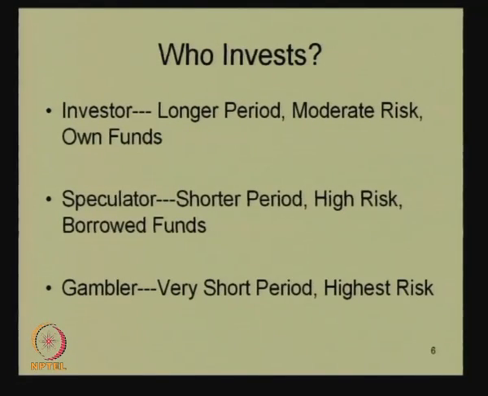Then various books talk about the different types of investors, and in general we know that different people can be categorized in various ways on the basis of their objectives, the time period they take to invest in the market, and how much risk they can take in the market.